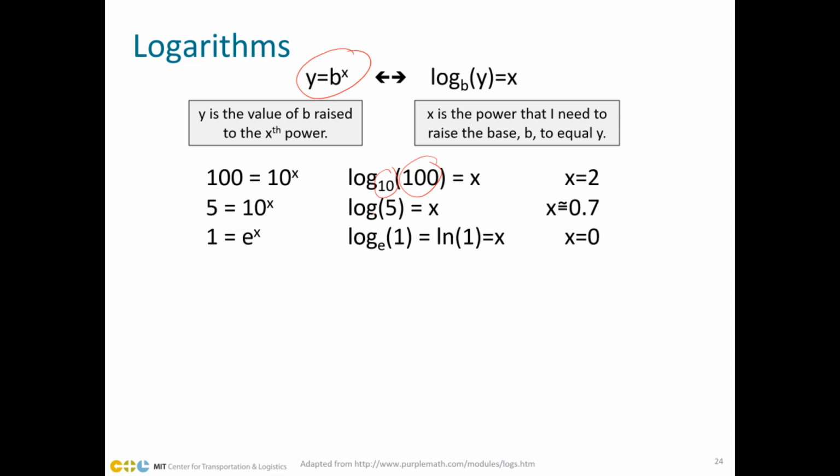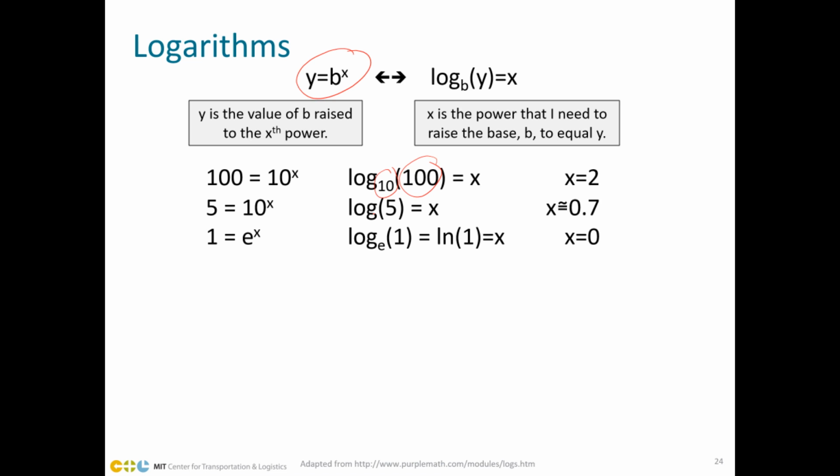Now, another one you're going to see is what we talked about in the last video, this Euler number, e. And so let's say I have this equation 1 equals e to the x. What's the value of x? And so this is the same thing as saying log base e, because that's that number, 2.718 whatever. And what do I have to raise that to be equal to 1?